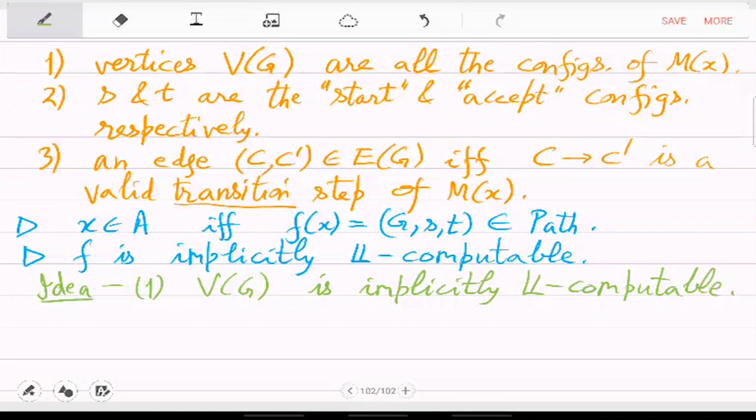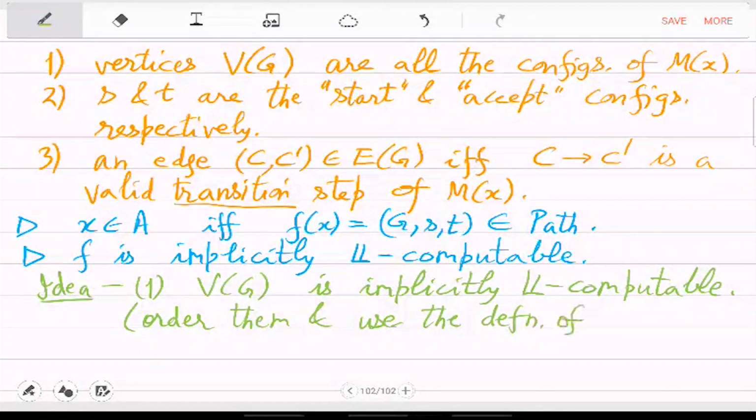The configurations, basically, you can assume in some order, and when you want the ith bit in a configuration, you can just use the definition of a configuration for the Turing machine Mx. In the configuration you have the state, the tape information and all that. So those things can be encoded properly. So order them and use the definition of configuration. By this you will be able to implicitly L compute the vertices.